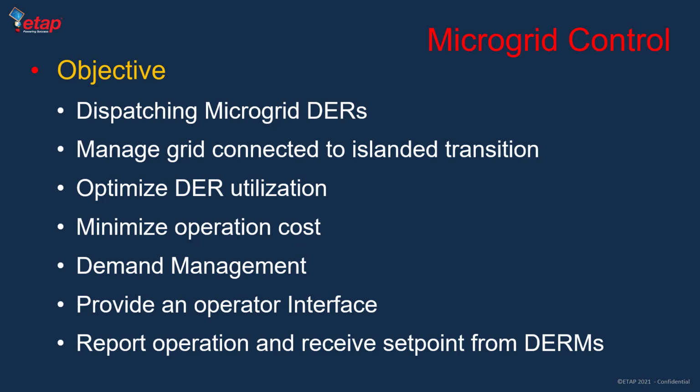So the microgrid controller needs to be able to balance the generation and load demand in that microgrid. Also, to provide an operator interface, so the microgrid can be controlled manually when desired, and be able to generate reports of operations and receive set points from the distributed energy resource management systems.